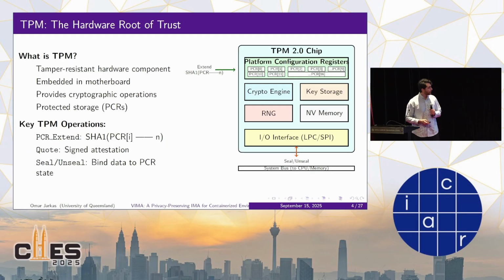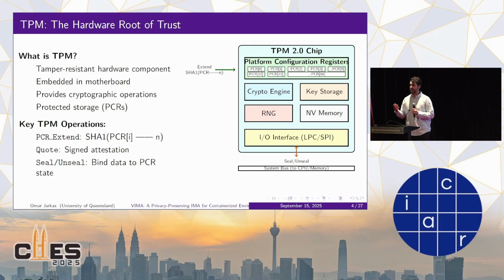In modern computing, the most used module for this type of root of trust is, I'm sure you know, the TPM, which is a tamper-resistant hardware component embedded in the motherboard that provides cryptographic operations.